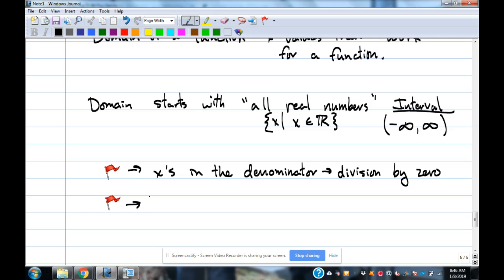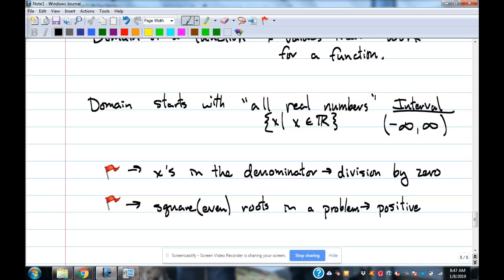The other red flag that we look for is square roots. I put even roots in parentheses as well.